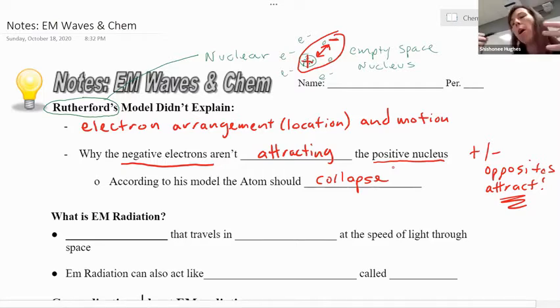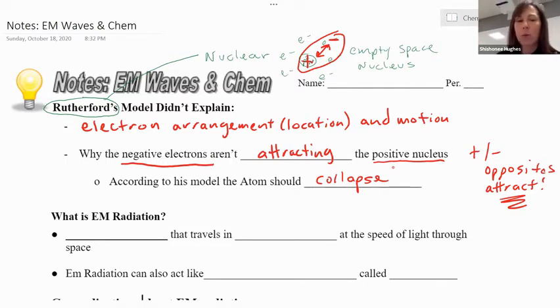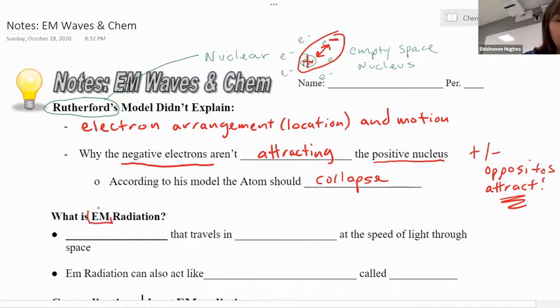So we're going to move on to Bohr's model and a few other models today and into tomorrow and Wednesday. But in order for us to talk about really what's going on with the electrons, we have to review a little bit on electromagnetic radiation. EM stands for electromagnetic.